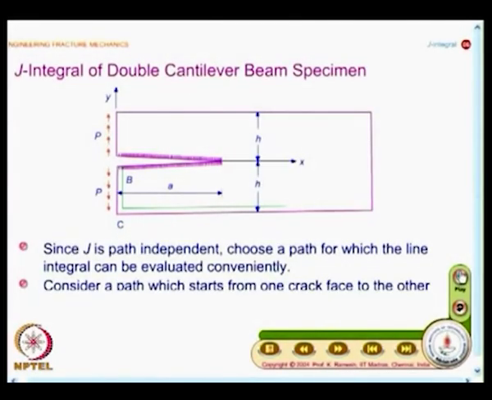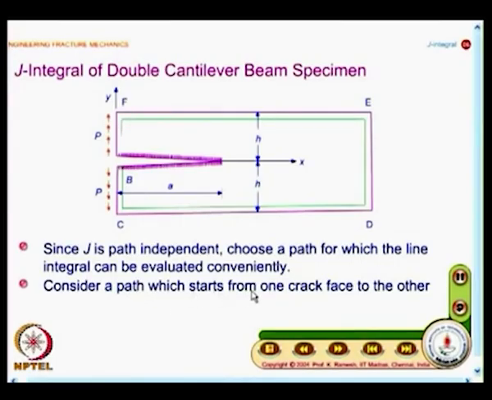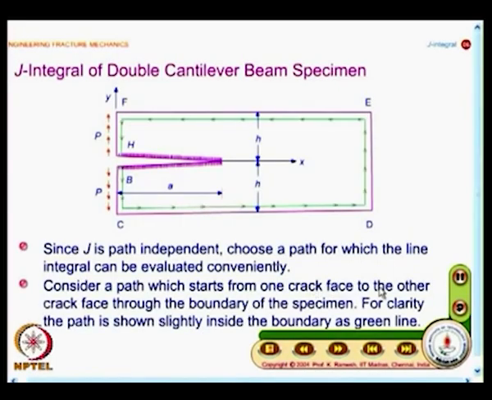So, what we are going to do is consider a path which starts from one crack face to the other crack face through the boundary of the specimen, because if you look at the boundary, it is a free surface. So, when it is a free surface, traction is 0. So, that way your computation of the line integral would be a lot simpler.